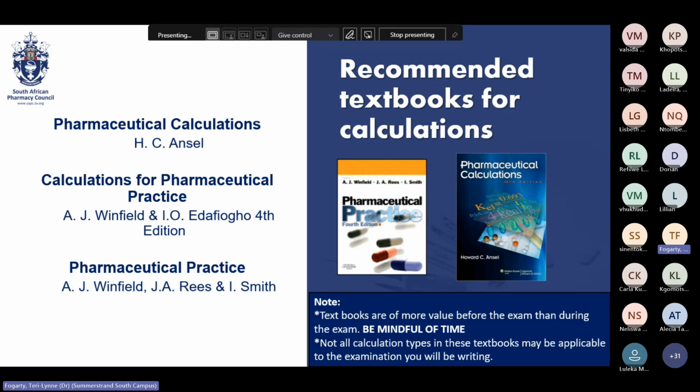So you need to look at the sections that apply to you as a basic assistant in terms of the exam. Another textbook is Calculations for Pharmaceutical Practice, and the author there is A.J. Winfield. A.J. Winfield is also the author of a book called Pharmaceutical Practice, which is another recommended text.